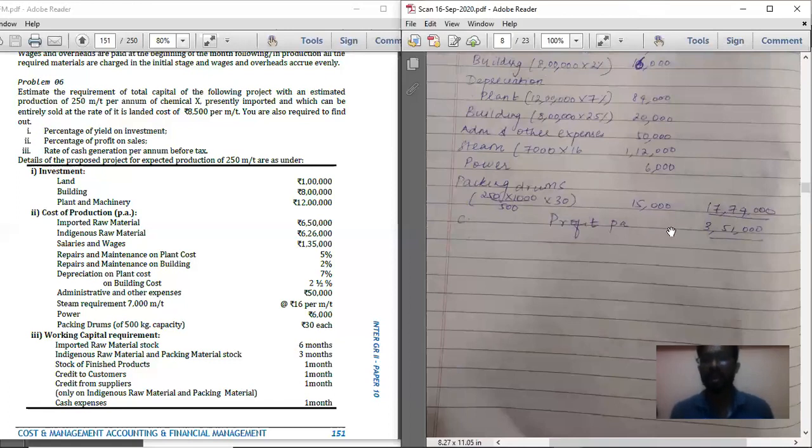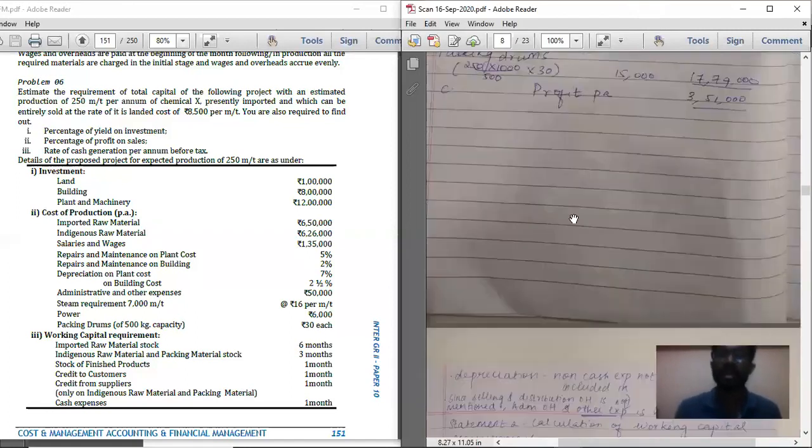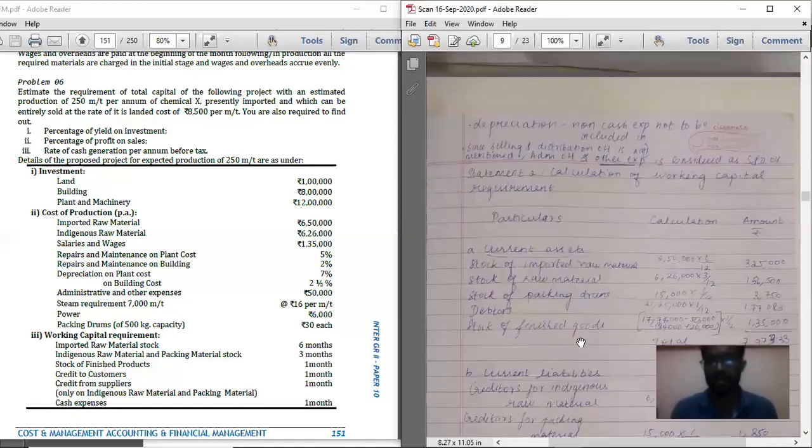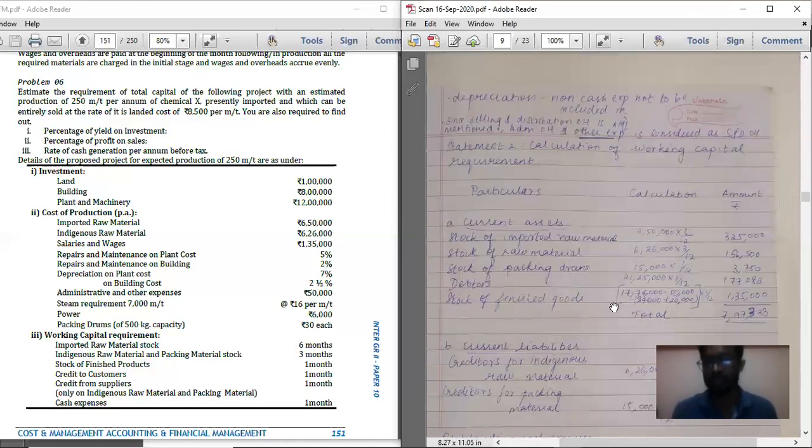Packing drums are required only when goods are being sold. When the goods attain the finished status, only then will we pack the goods for selling. So this 15,000 is included in selling and distribution expenses. So next to stock of finished goods, open a bracket.